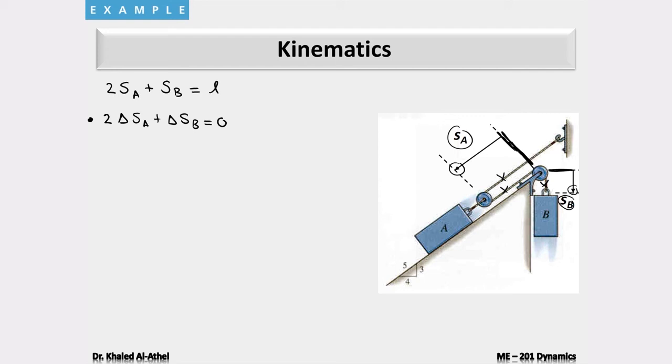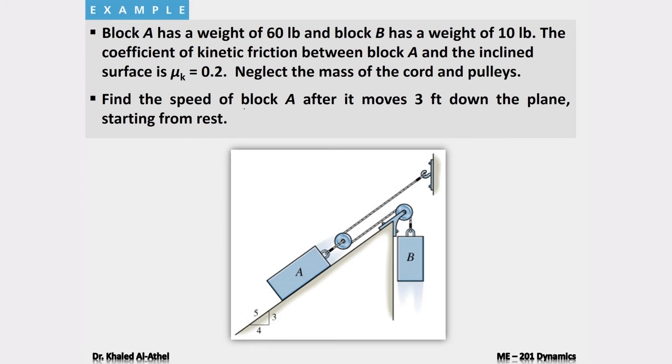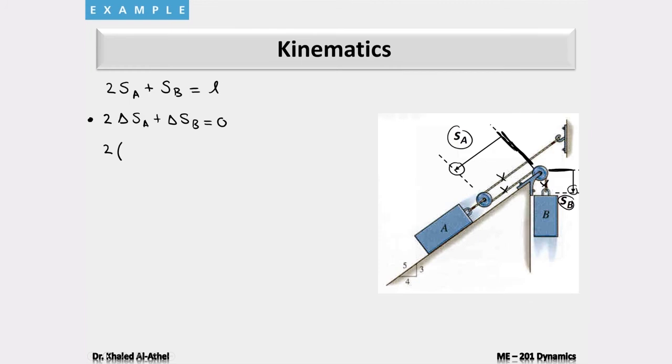Now from here, I can substitute the values. 2 will be multiplied by block A. If you read the statement of the problem, block A moves 3 feet down the plane. So it is moving 3 feet downward. Is it positive or negative? Well, it's positive because SA is positive downward. So it's going to be 2 multiplied by 3 equal to minus delta SB.